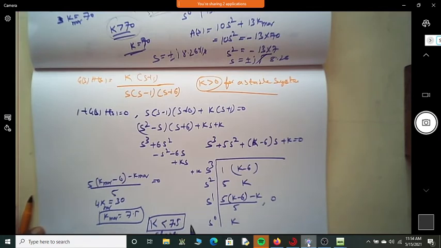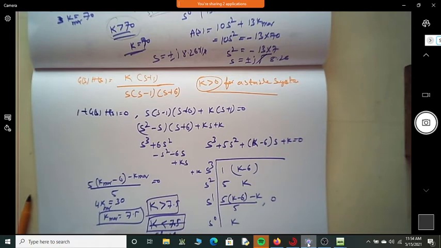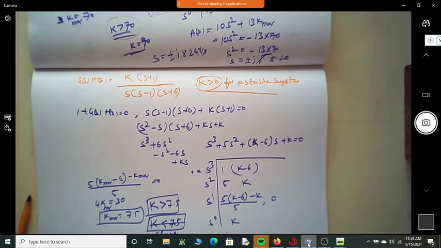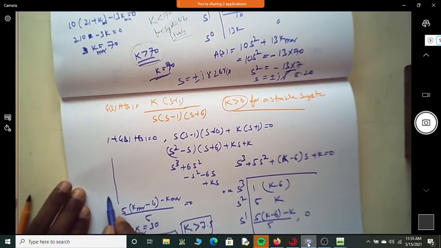If it is less than 7.5, what happens? Two sign changes will happen. Correct? Shall we see how the poles look initially?